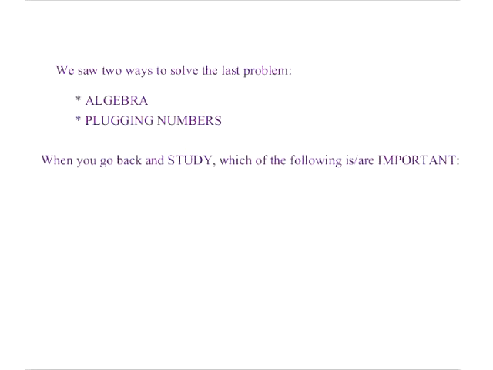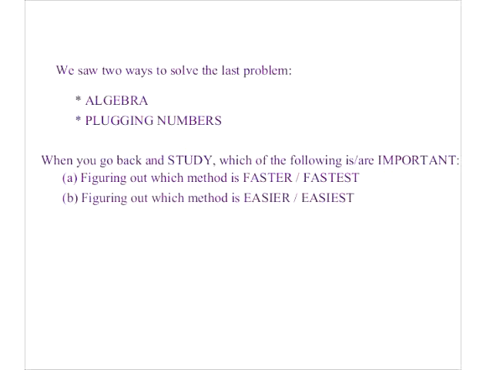The first is figuring out which method is faster or fastest. The second is figuring out which method is easier or easiest. And the third is just learning as many methods as possible with no preference. Which ones of those do you think are important to do when you go back and study the problem? A, B, C, or whatever combination of those.